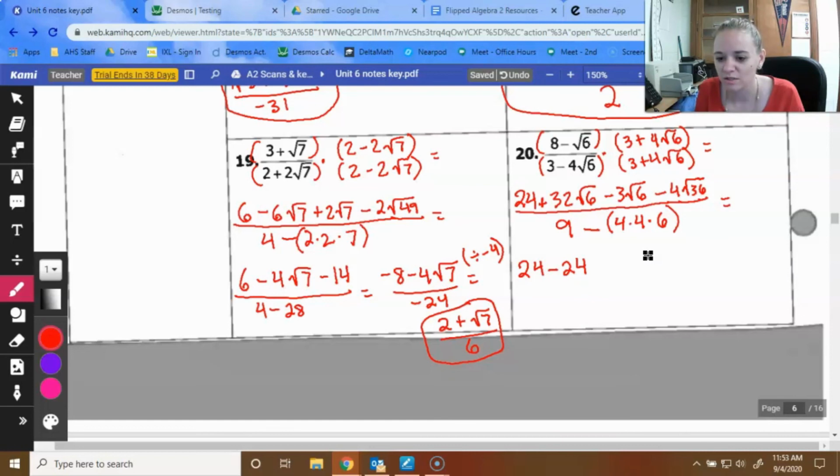So 32 minus 3 is 29. But positive minus will still be a positive. So that's 29 radical 6. I already took care of that over there. 9 minus 4 times 4 is 16. 16 times 6 is 96.